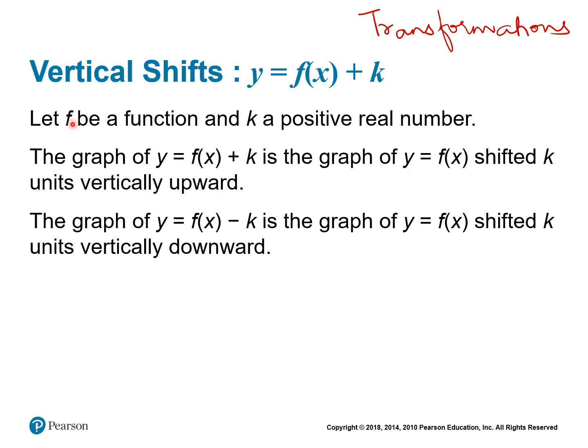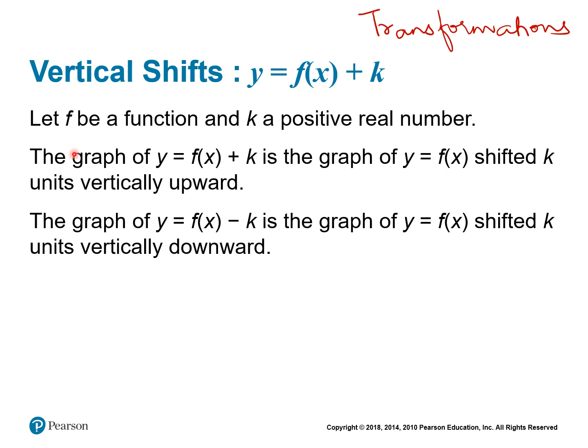I'm just going to go ahead and read the verbiage on this slide. It says, let f be a function and k a positive real number. F can be any function. It can be a quadratic function, an absolute value function, a cubic function, a square root function, any function, and k any real number.